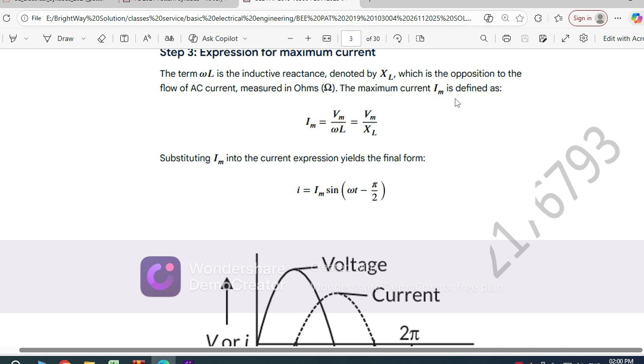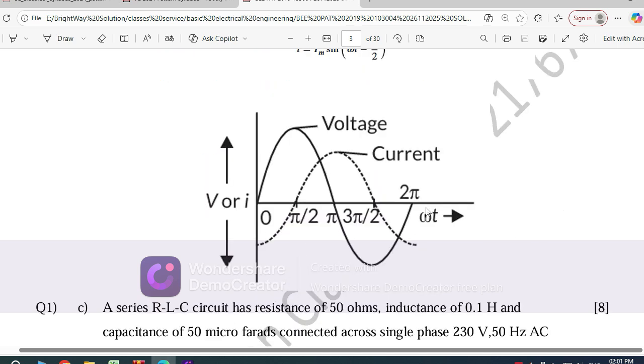So the maximum current Im is defined as Im equal to Vm upon omega L, that is, Vm upon XL. The only parameter offered by the inductor is XL, the opposition considered as reactance. Substituting this, Vm upon XL is replaced by the Im value, which gives the mathematical representation.